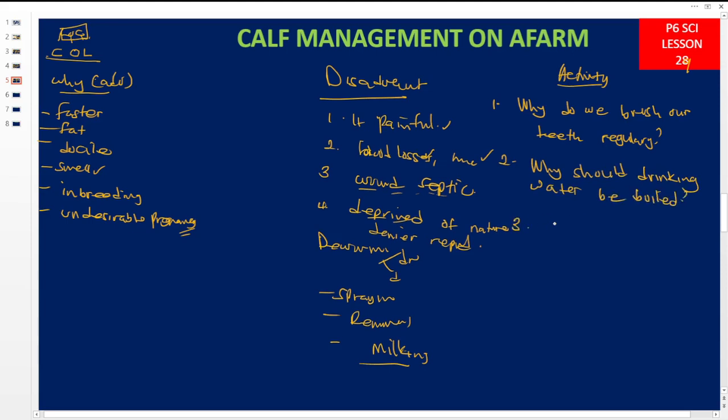Number three, name the vector that spreads bilharzia. 4, what is disbudding?